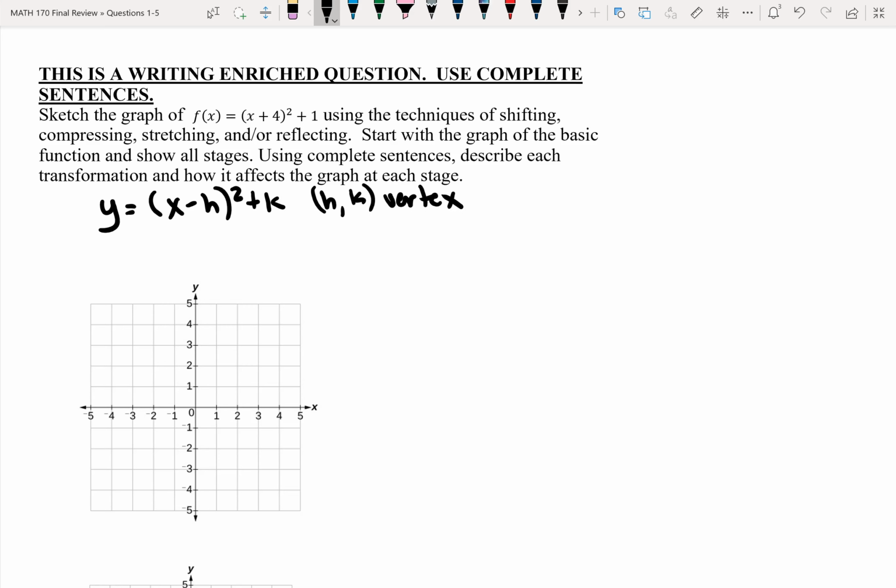And we know that the h value is the x value. It controls shift left and right. And we know that the y value, or the k value, matches to the y value, and that controls movement up and down. So just looking at our function, x plus 4, we know that we're going to have a base function and that it's going to move left and right and up and down.